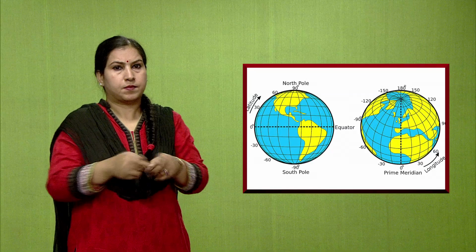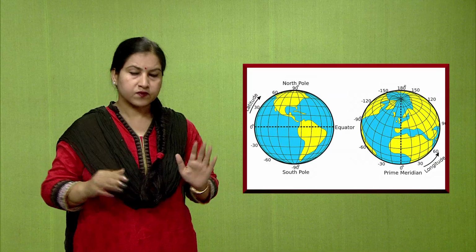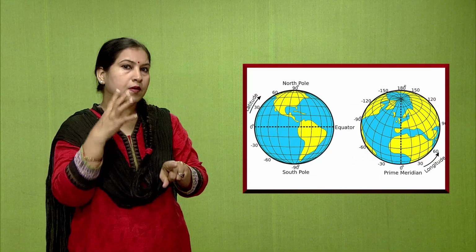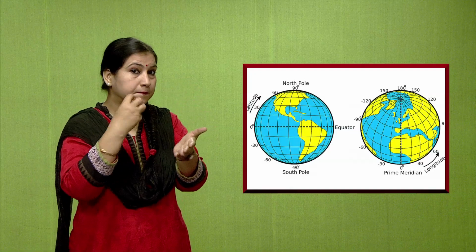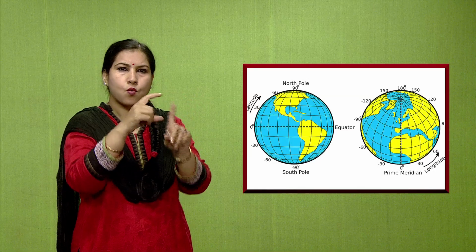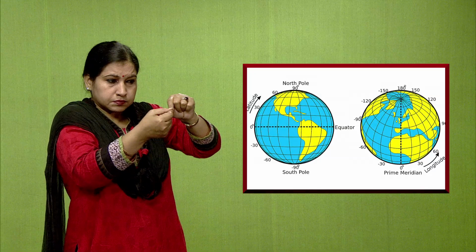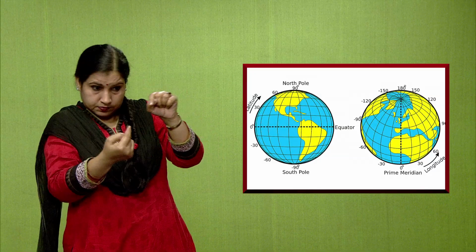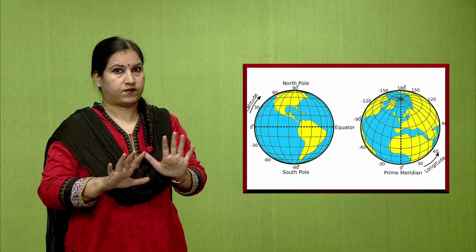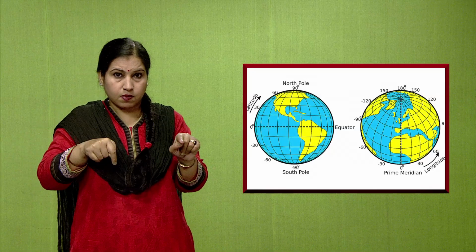Now we have understood about latitude. We can understand longitude in a similar way. The prime meridian is the 0 degree longitude. The nearest longitude to the east will be 5 degrees east longitude, and the farthest will be 180 degrees east.